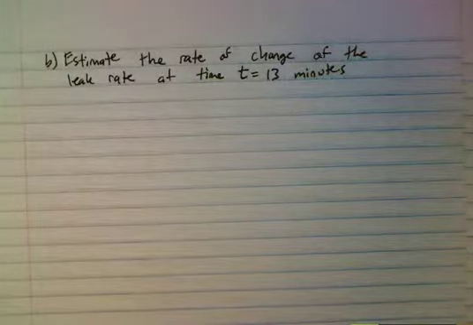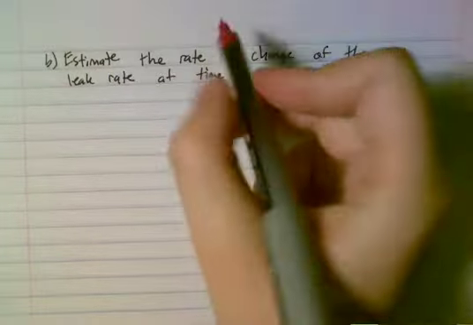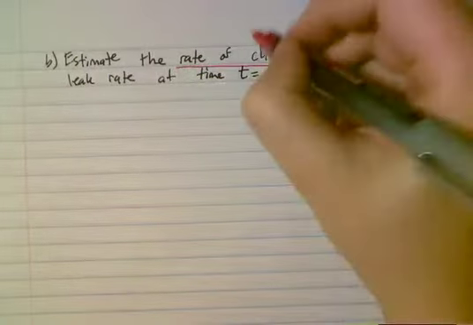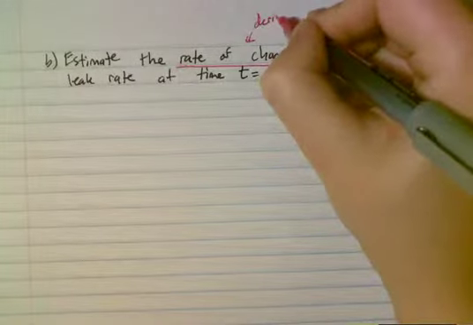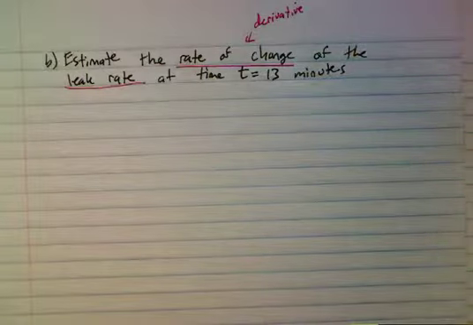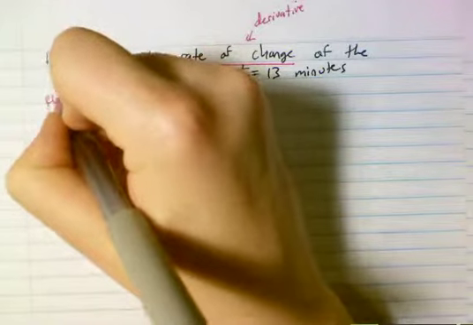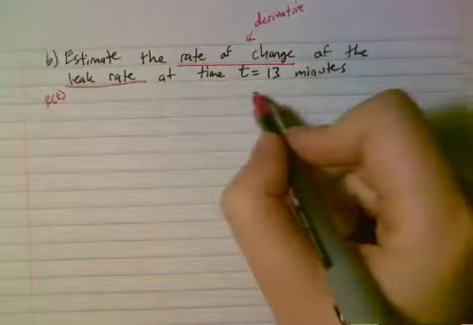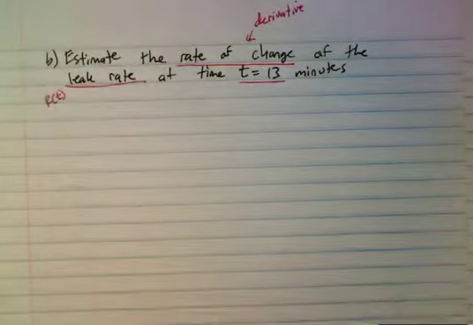So the key things to interpret here, whenever you see the phrase rate of change, this means derivative. Leak rate, we have to look back at the original problem, the rate at which oil is leaking, so that's R of t. And then we're told at time t equals 13 minutes.